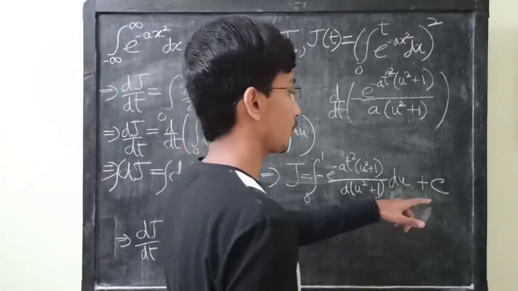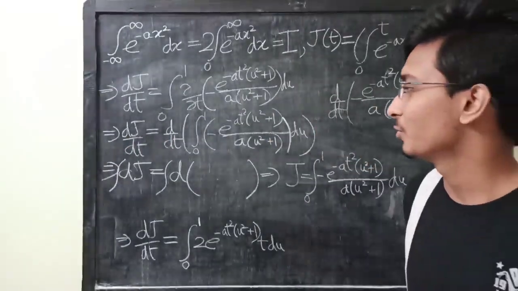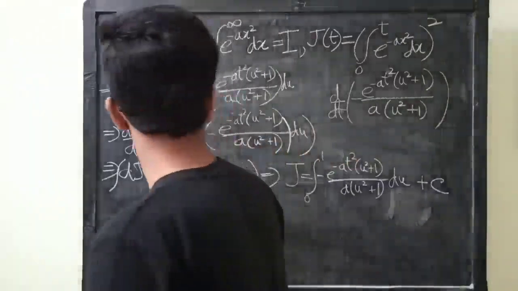Now we have an extra constant c, and we have no boundary conditions for solving it, but as always we will generate some on our own.